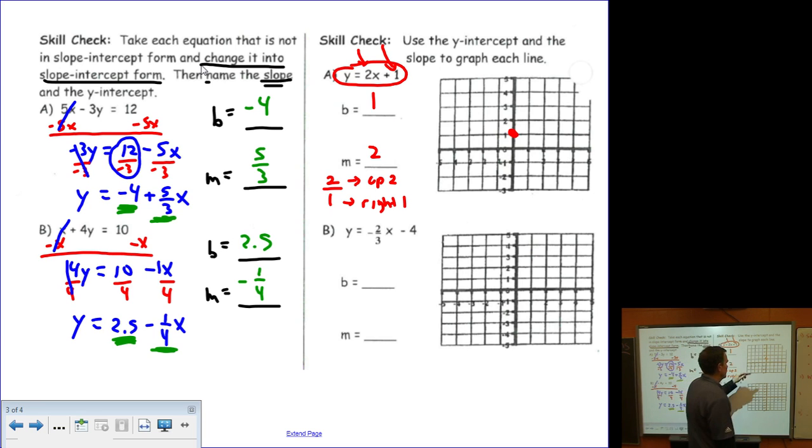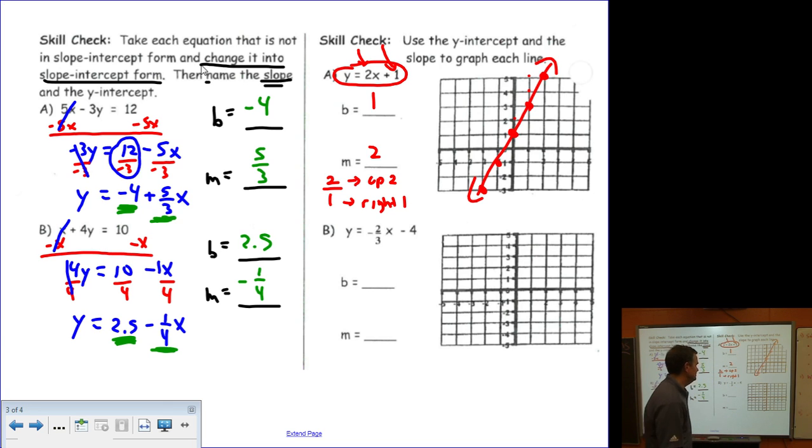So I'd start at the point I have already, the y-intercept, go up 2, go right 1, there's my next point. Up 2, right 1, there's my next point. Or I could switch both directions and go down 2, left 1, down 2, left 1, and I quickly have a line that goes all the way across my graph.